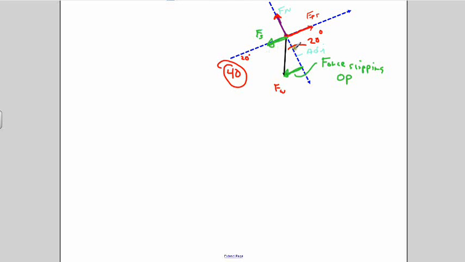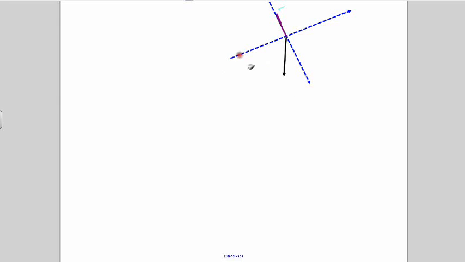Oh, I was going to show you how the ramp ends up being 20. How this 20 degrees along the ramp tilt ends up being 20 over here. Let me show you that. Okay, we still have our force going down toward the center of the earth.